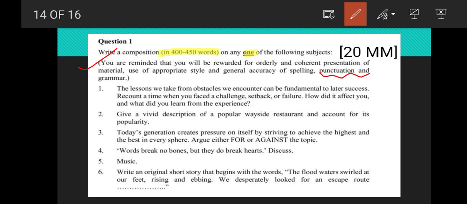Next it says: give a vivid description of a popular wayside restaurant and account for its popularity. This is a descriptive type of essay. You have to describe a wayside restaurant and tell why it is so popular. So in this type of composition, you have to use your 5 senses.